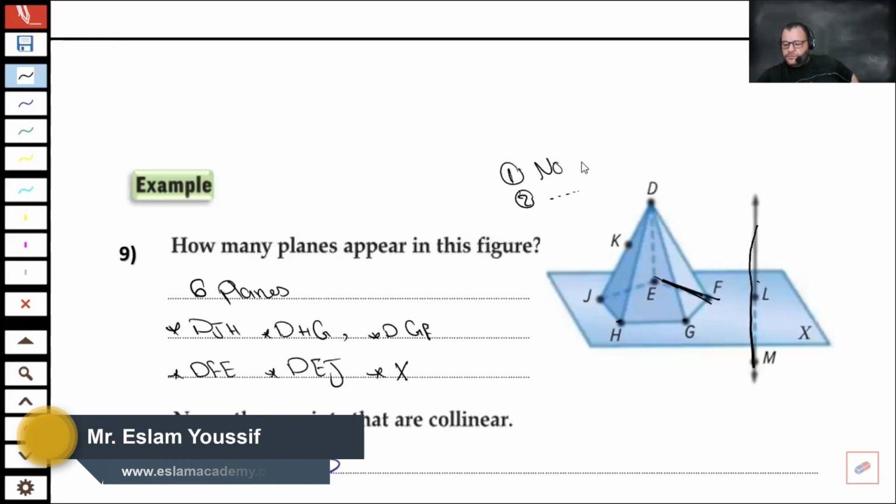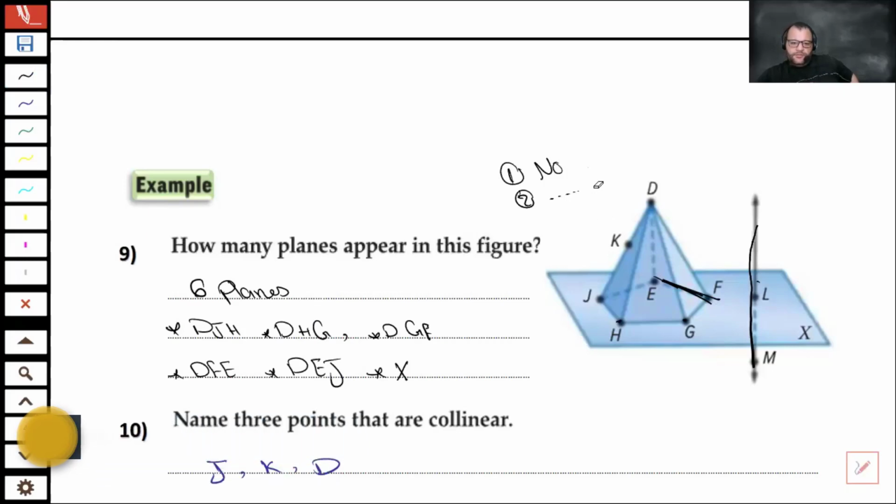Are you sure? What is the intersection between the line EF and the line LM? Is there an intersection between the two lines or not?